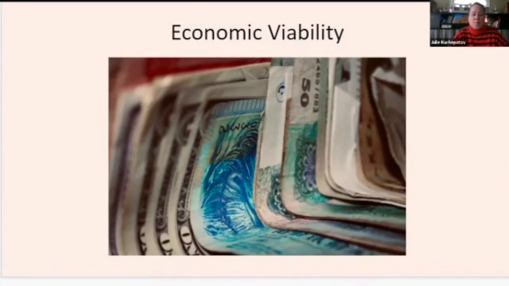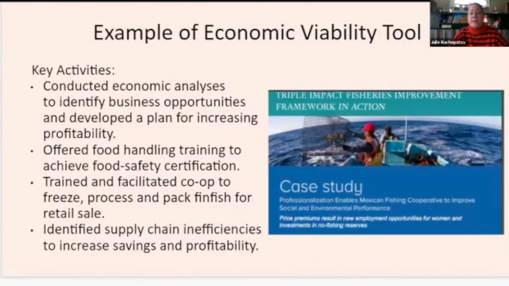And then I'll say, I have a next slide that is a case study. So as an example, there's an economic viability tool that this group did a case study on. I mentioned FIP plus, but they also sometimes call it the triple impact fishery improvement framework. And this is, again, a case study. I think I included the link in here as well.